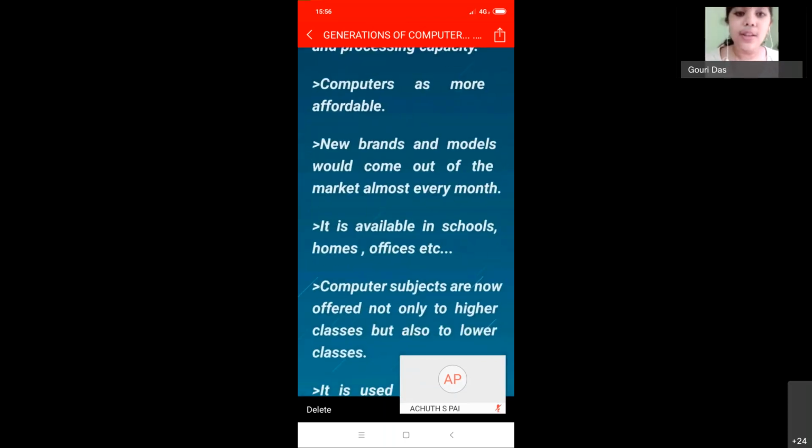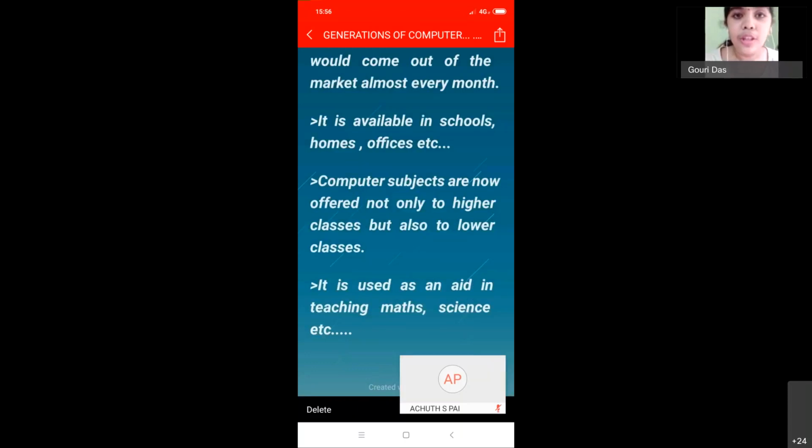It is available in schools, homes, offices, etc. Computer subjects are now offered not only to higher classes but also to lower classes for them to learn the basics of computers, maths, science, etc. These are some advantages of generation 4. There are many more.